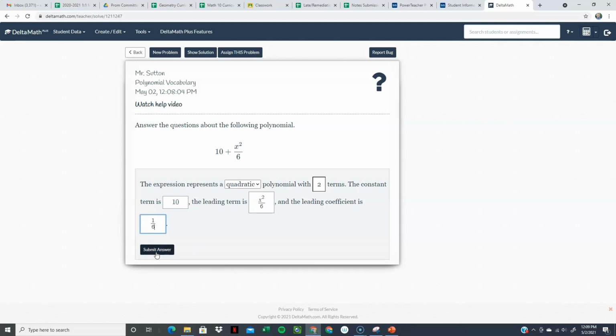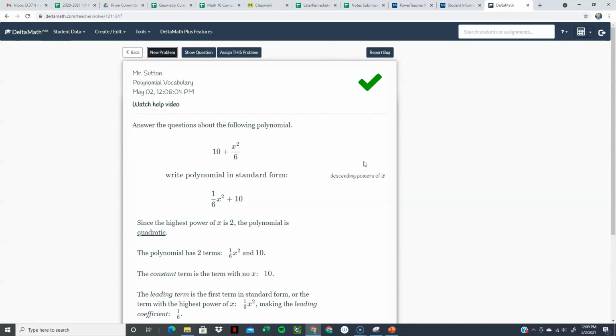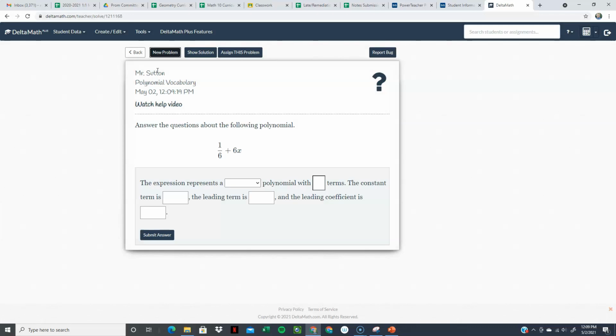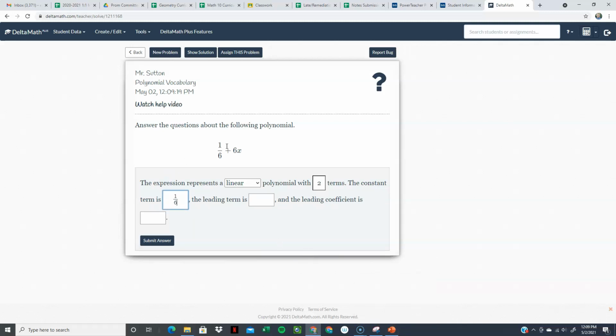Let's go ahead and submit this. All right. Let's look at a new one. So this represents a linear polynomial because our degree here is just 1. Remember that makes a linear polynomial. This has 2 terms. The constant term is that 1 divided by 6, because that's the term that has no variable attached to it.